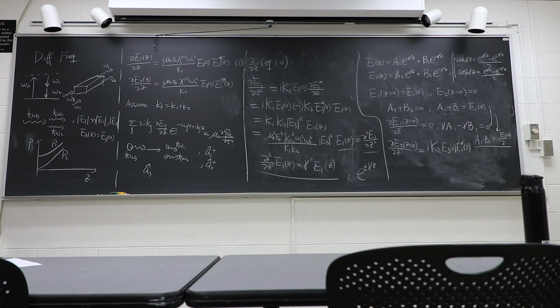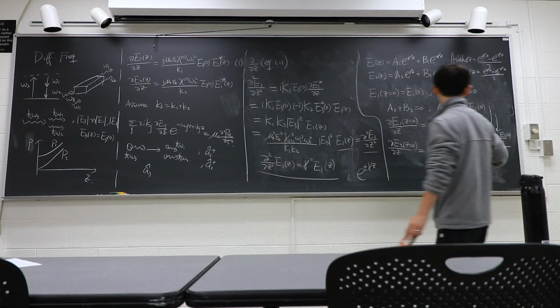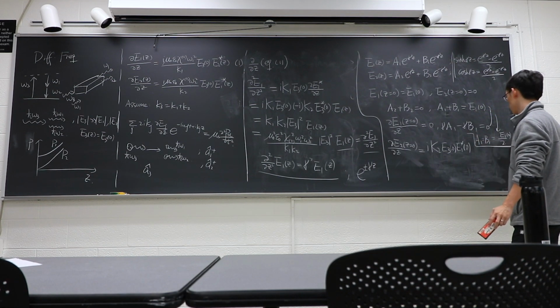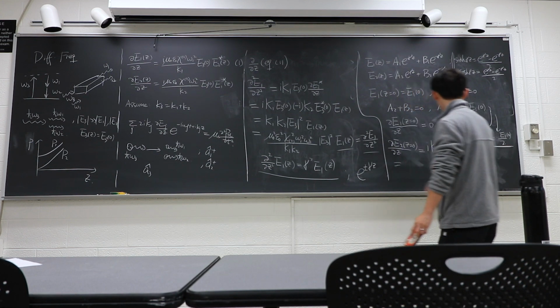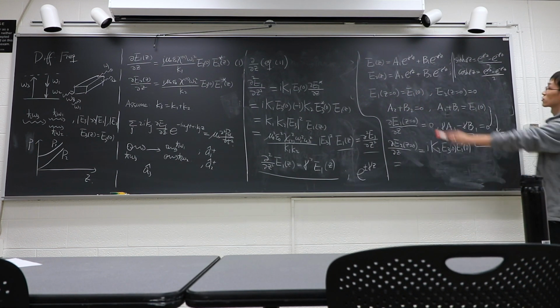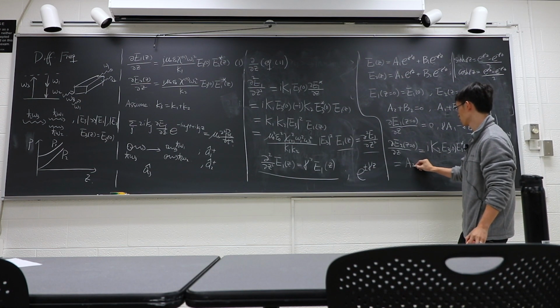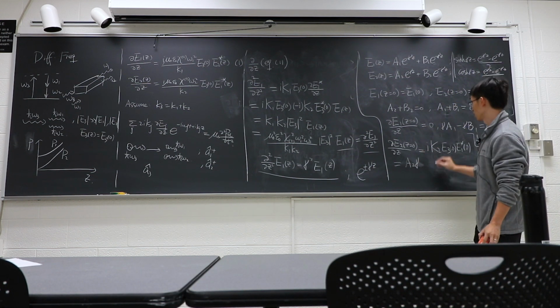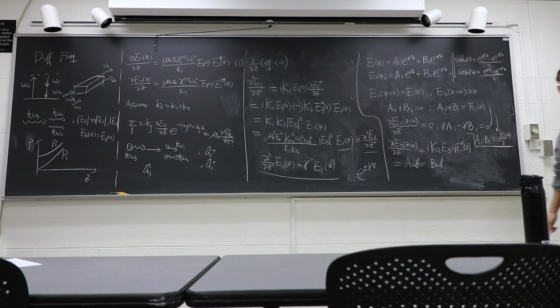Okay. Right, okay. That's from this equation. And this equals the derivative of this one, which is A2 gamma minus B2 gamma, right, at the 0 point.